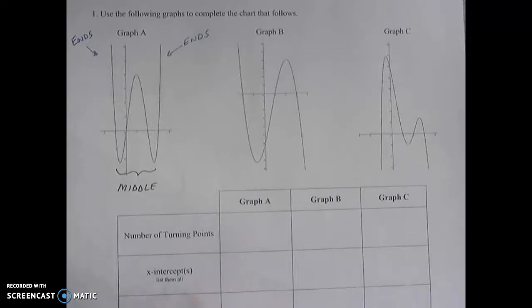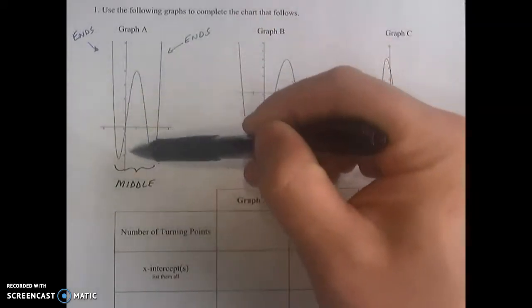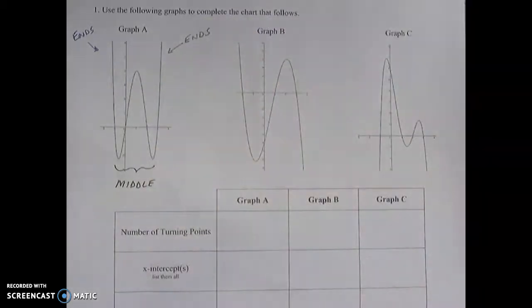Okay, so let's figure out what's going on in the middle of the graph, and we're going to utilize some different colors here. Let's go right down the order of our table. The first thing they're asked is for the number of turning points. That's where the graph goes from going down to going up, or going up to going down. Once you get into a little higher level math, we'll talk about decreasing to increasing. And where those change, that's what we call turning points.